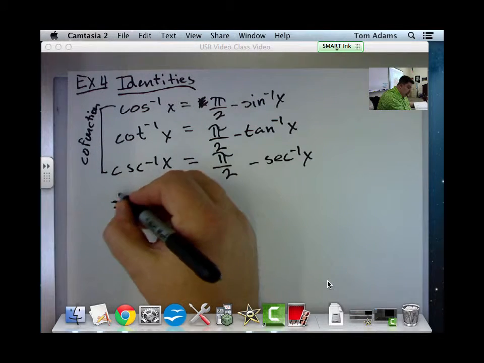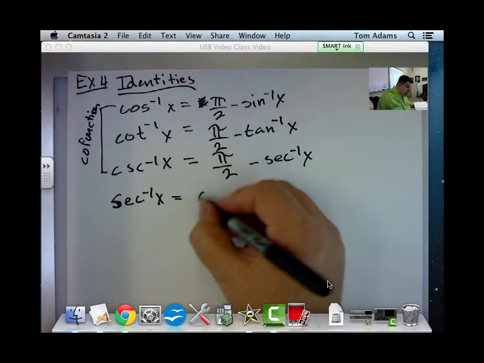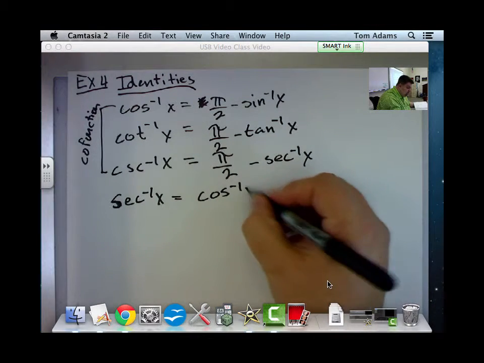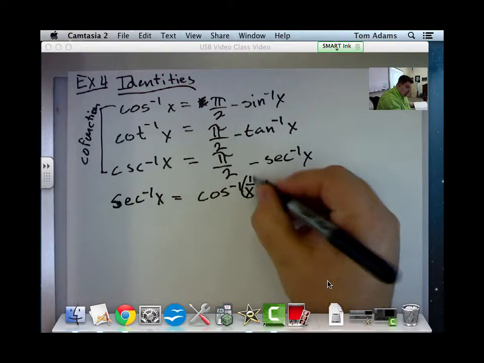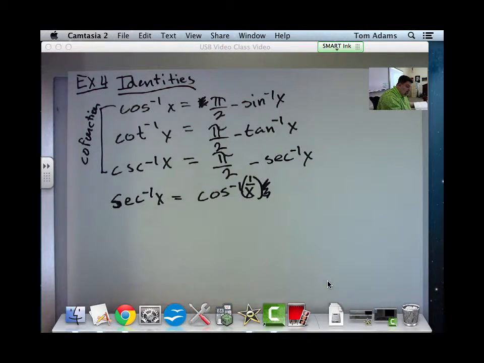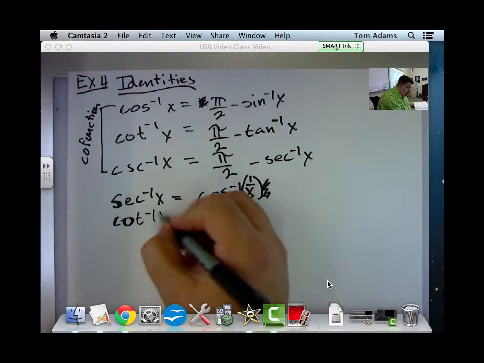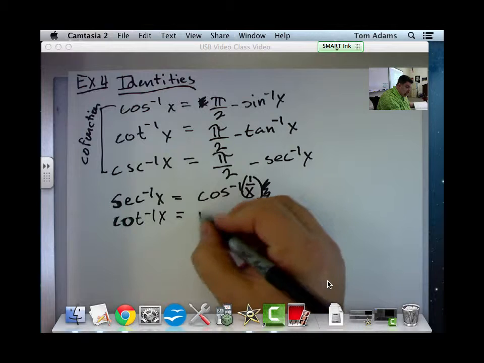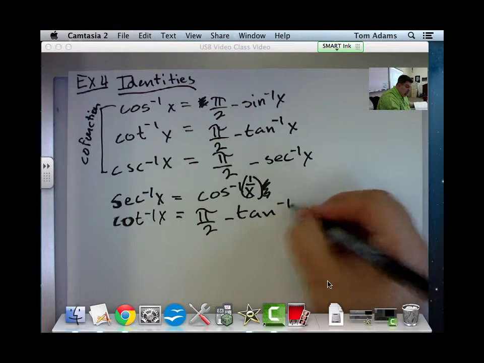And then there are some other equivalent statements. Like secant inverse of x is equal to cosine inverse of 1 over x. And then cotangent inverse of x is equal to pi over 2 minus tangent inverse of x.